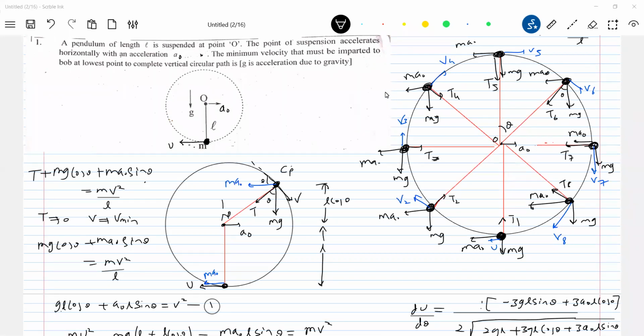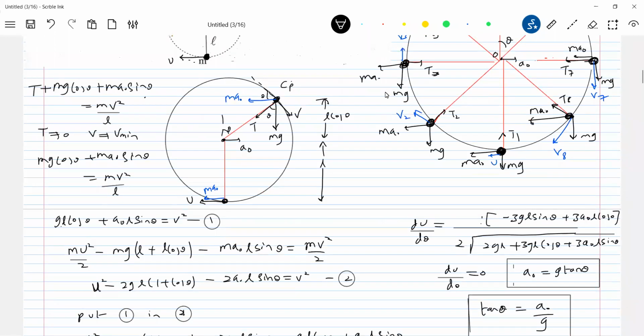Write the equation of circular motion at every point, the way I wrote the equation for circular motion, and make T zero and check the velocity. So what is it saying: theta equal to tan inverse of a naught by g.